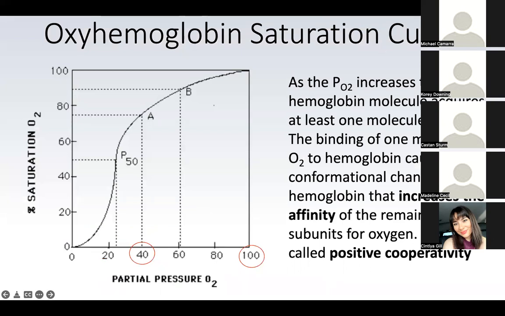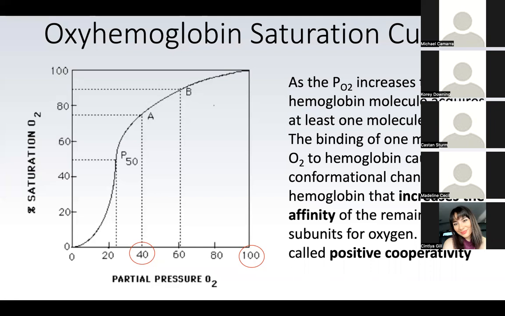So the easiness of oxygen binding to that second, third, and fourth heme group is known as positive cooperativity. It represents the increasing affinity of the iron ion at the core of the heme groups to bind oxygen.